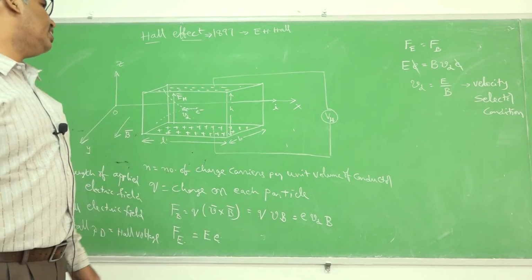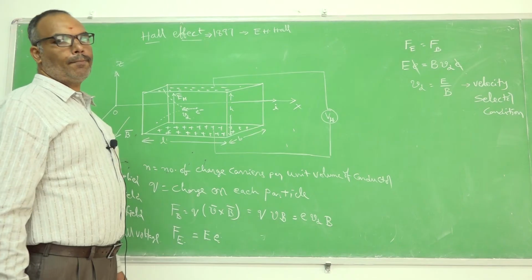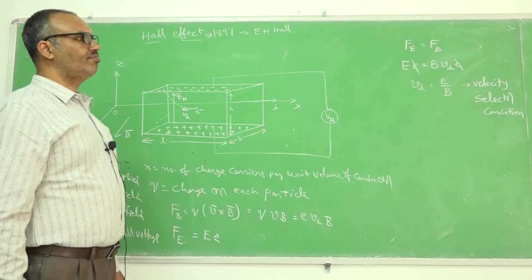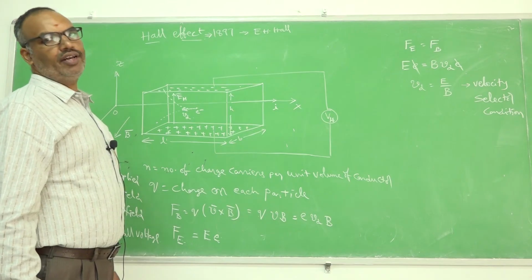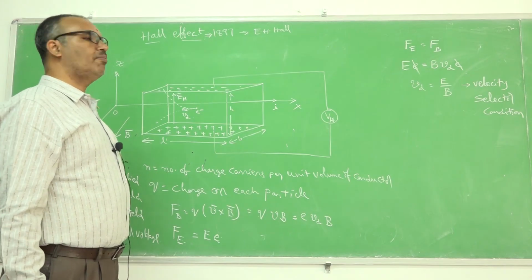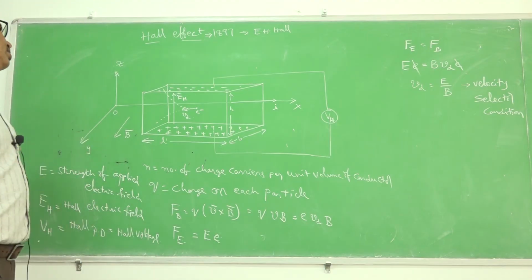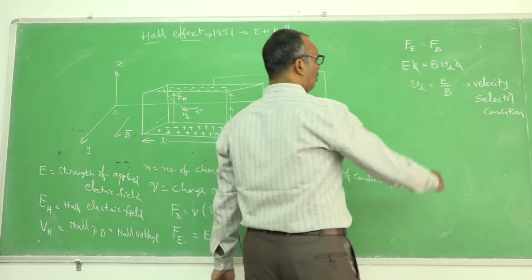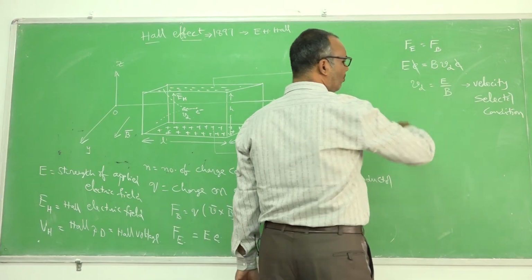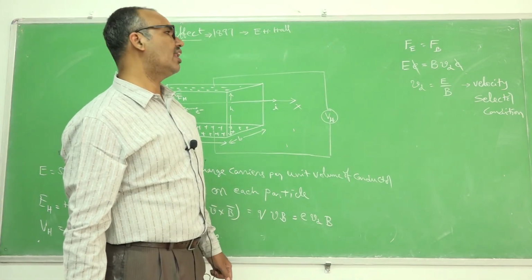Whenever we want to make a charged particle move in a straight line path with constant velocity, it should be kept between an electric field and magnetic field applied perpendicular to one another. The ratio of the strength of electric field to magnetic field will give the drift speed of that particular electron.